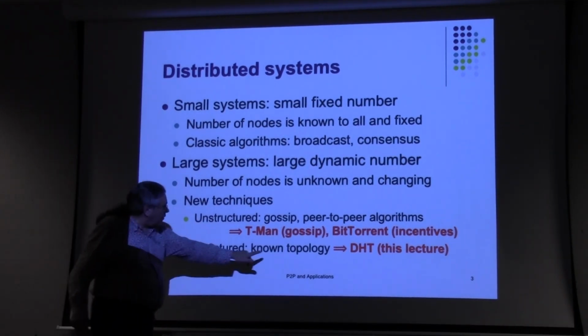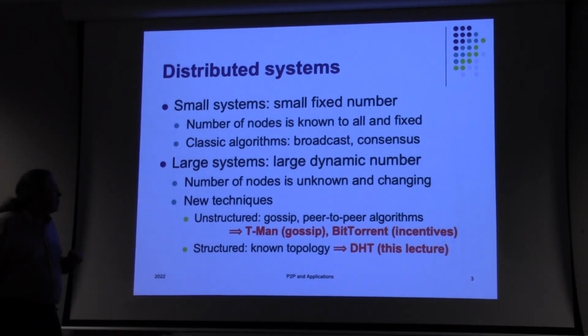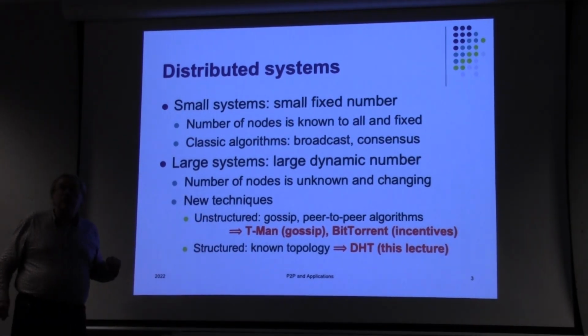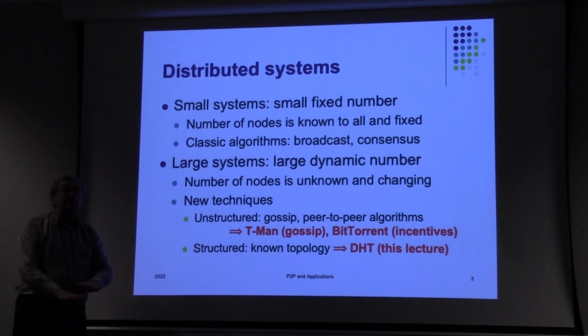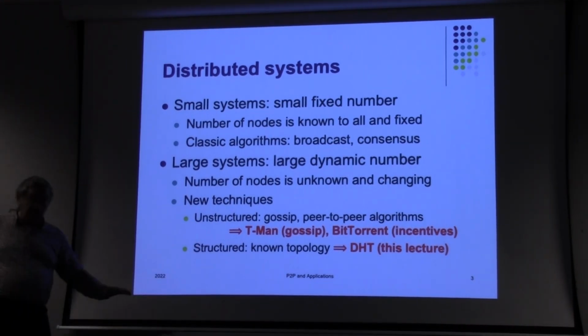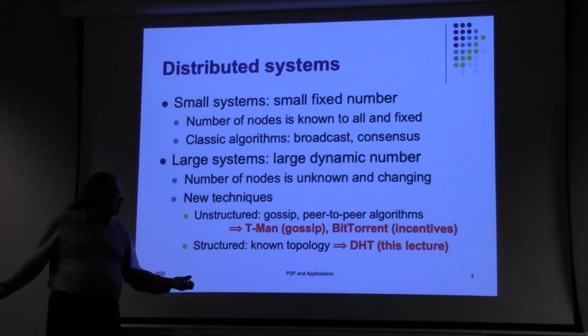And today I want to talk about something called DHT, distributed hash table, which is a widely used technique for doing that. So remember, gossip is completely robust, but it's slow, but it can work from completely random, and you will need it to bootstrap if you start from nothing.